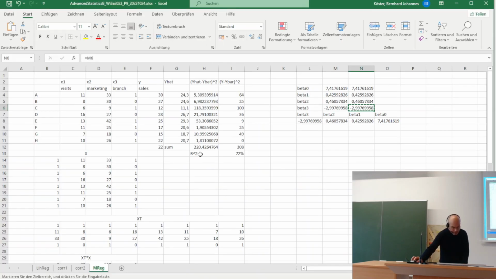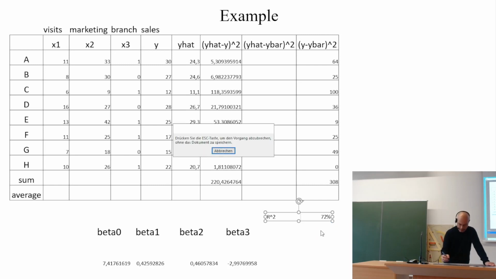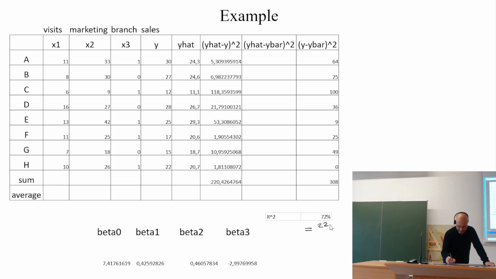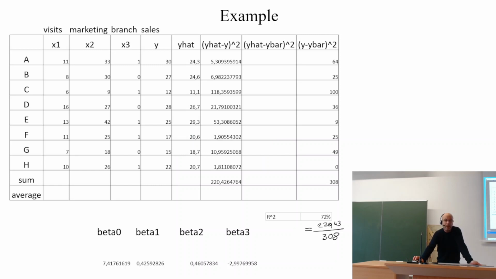And let's do also r squared in order to keep complete as 72%. And we also can write down this is 220 for 3 over 308. Yeah, in order to end for today, still we cannot say how much we can rely on our model.